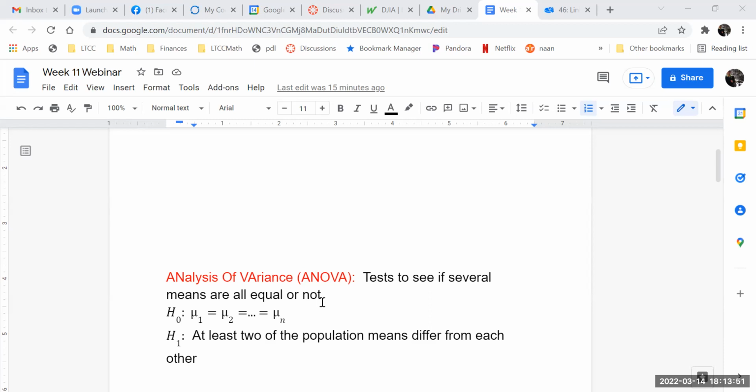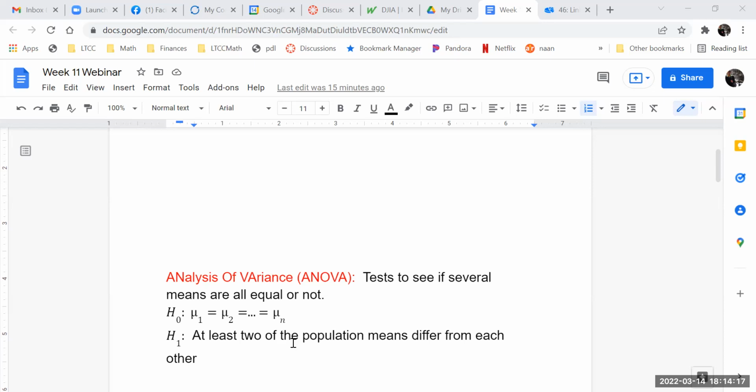So H naught, I'm going to write with symbols. And that is mu1, the first mean, is equal to mu2, which is the second mean, right? If we were doing all the states, we'd sit there all day long. So you usually use dot, dot, dot if there's a whole lot of them. And that just means keep going until you get to the last one. And that equals mu(n), the nth mean.